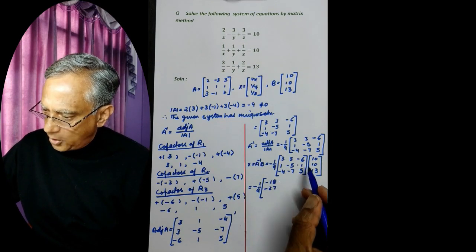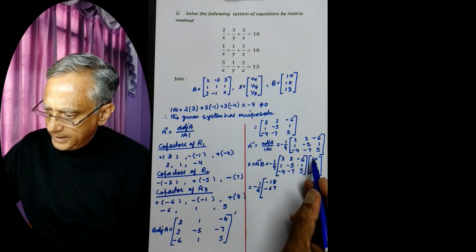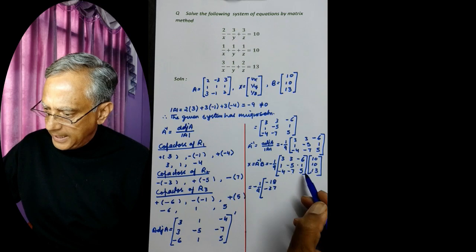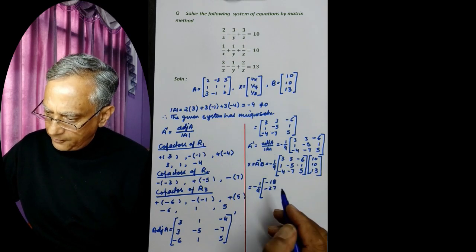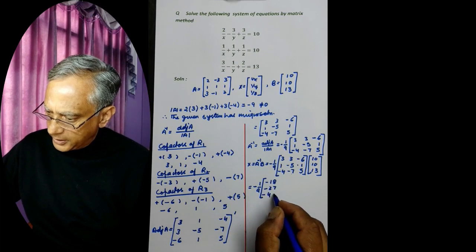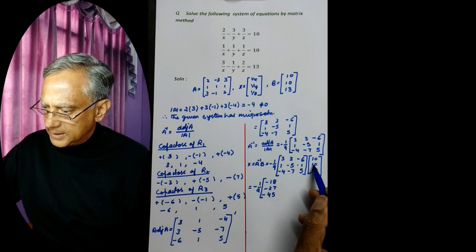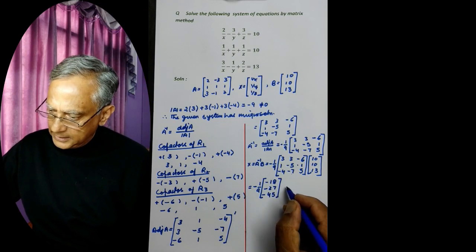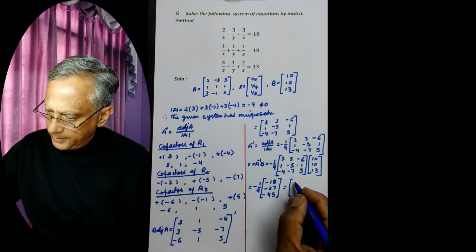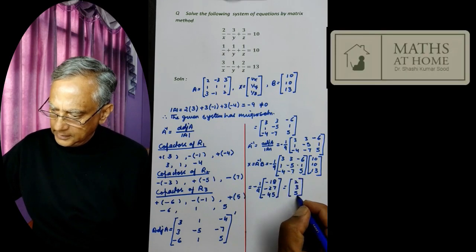This into this, minus 40, minus 70, minus 110 plus 65 will be minus 45. And this is equal to, divide by minus 9. This will be 2, 3 and 5.